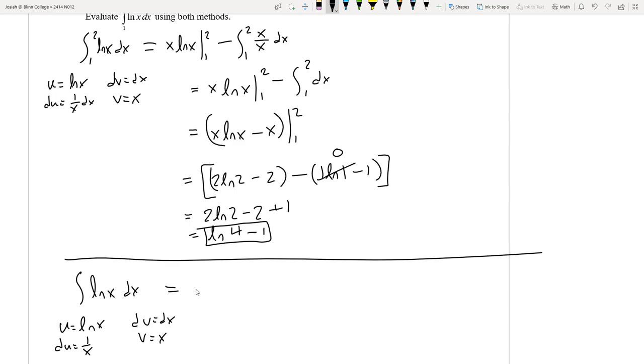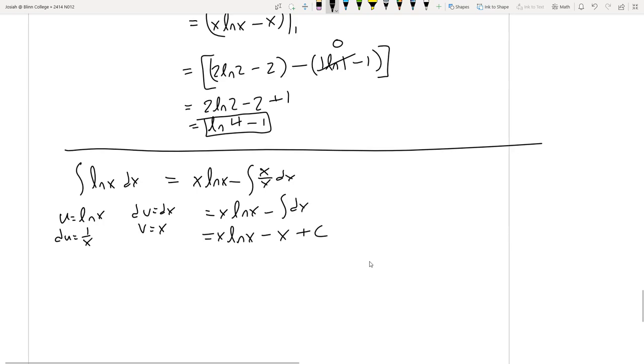We'll pretend this is an indefinite integral problem. So uv minus the integral of v du. We get x natural log of x minus this integral, which is just dx. So we get x natural log of x minus x plus c.